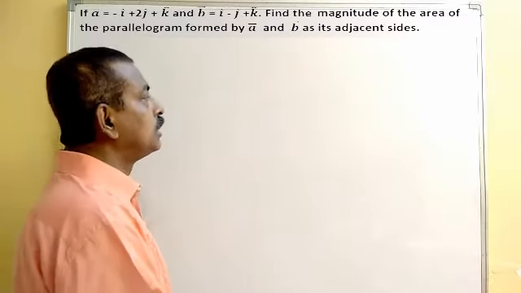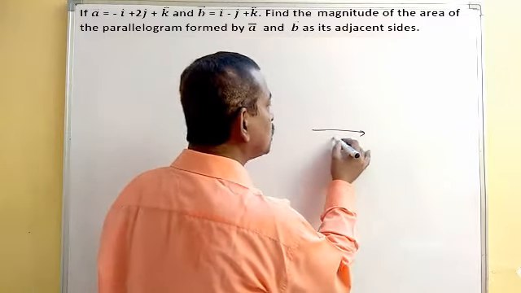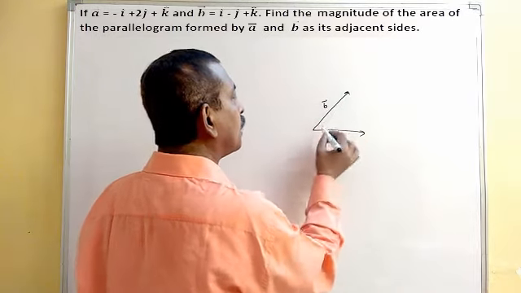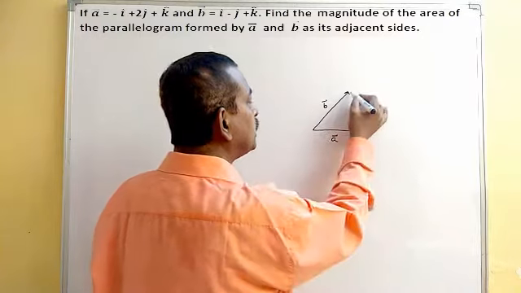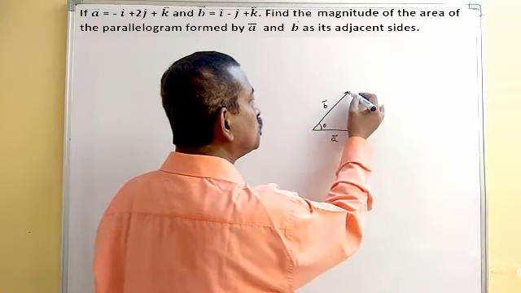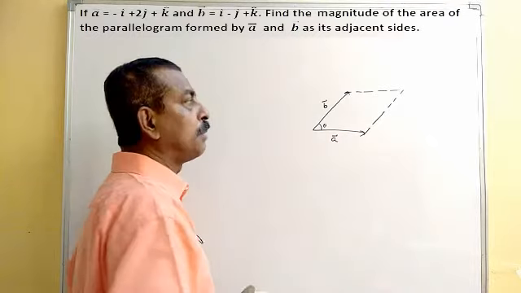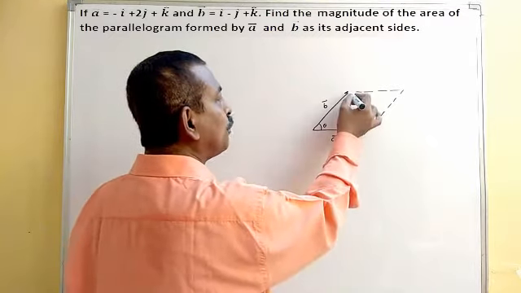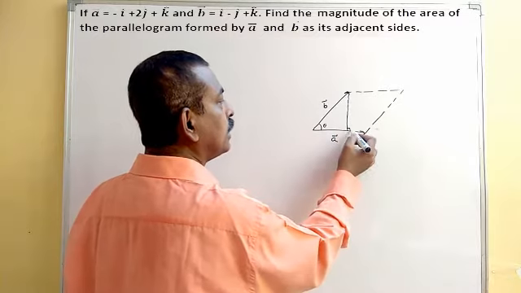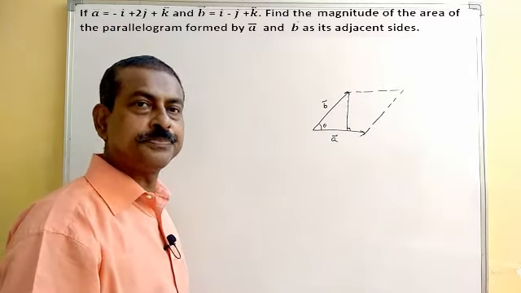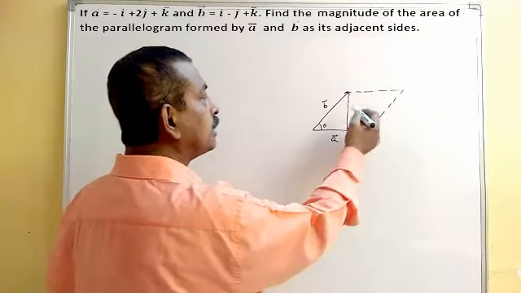So here you have the vector A, suppose this is your vector B, and suppose we take this as the angle between the two, then this is the parallelogram. If you want to find the area of the parallelogram, area is base into height, and here this will be the height.